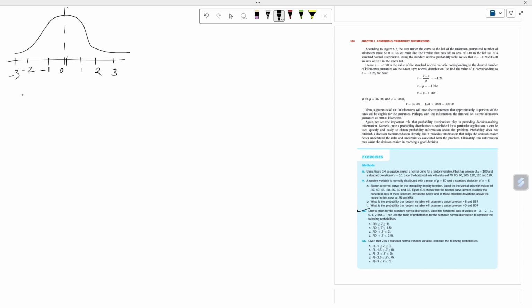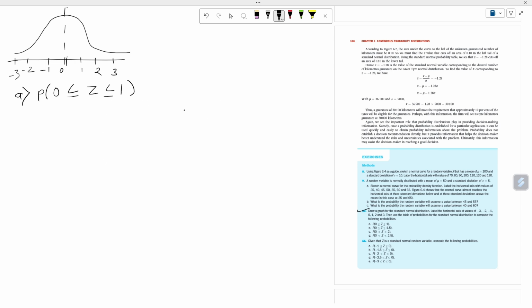Question A says compute the probability of z which lies between 0 and 1. Sorry, we have to compute the probability of z which lies between 0 and positive 1.